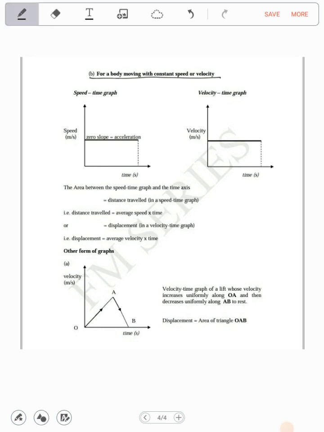Remember, acceleration is equal to change in velocity, which is final minus initial, over change in time, which is delta t. Now, when something is moving at constant speed, the acceleration is zero, like they have said here. It will give you zero slope or zero acceleration. It's the same thing that applies here. It also still gives you zero.